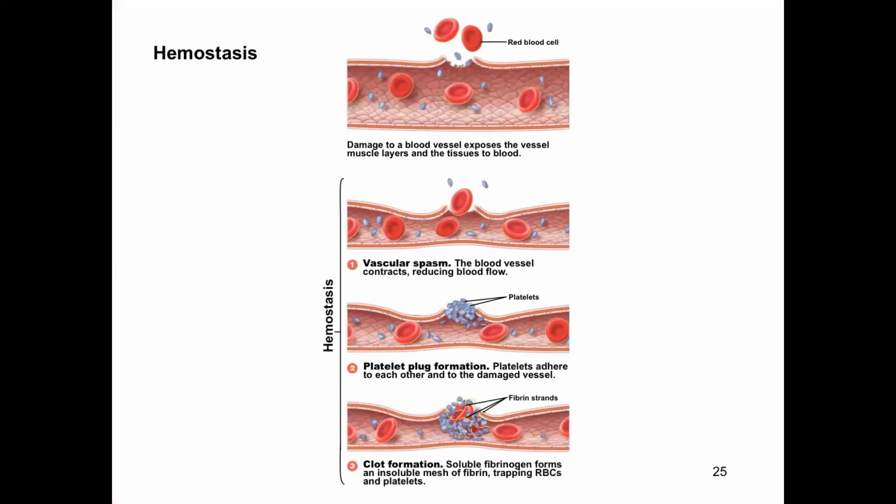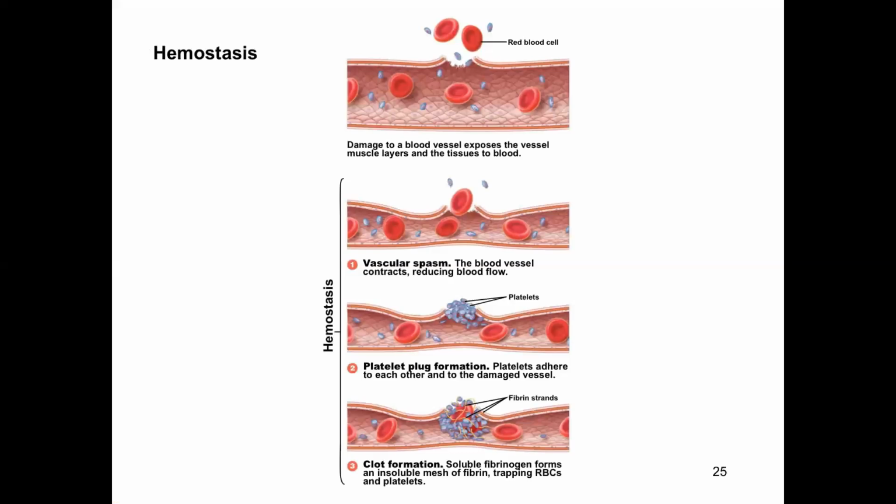And then the last step is the conversion of fibrinogen. Remember, that's our soluble protein, into the insoluble form called fibrin. And this makes a mesh, and it traps and cross-links those platelets. It's going to trap within it some red blood cells because it happens really quickly, and that's why blood clots.